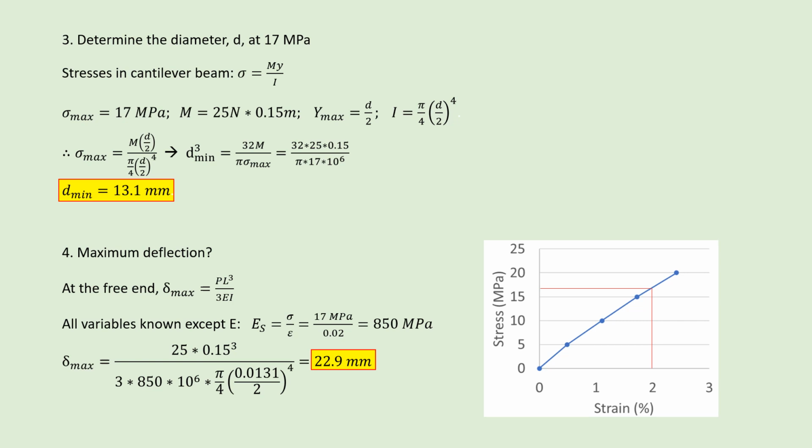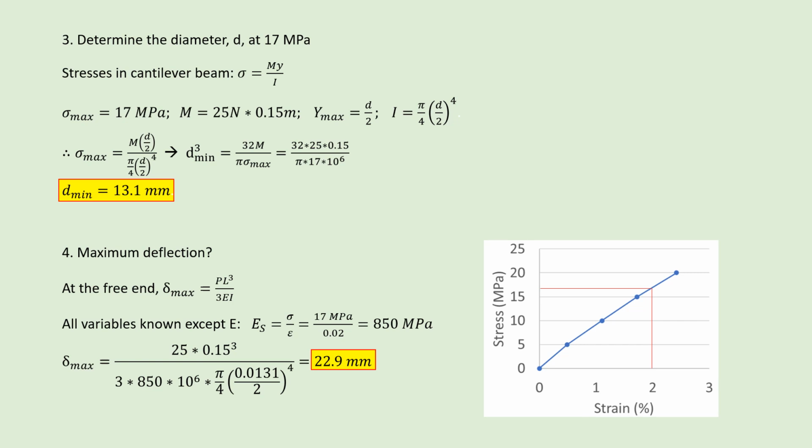We know that the moment is 25 newtons, or the load being applied, times the length of the beam, which is 0.15 meters. We know that the maximum stresses occur the furthest away from the neutral axis that you can get. And so this y max value is d divided by 2, or the diameter divided by 2. And finally, we know that the second moment area is defined by this quantity in the third line on the right. If we put those all together, what we find out is that the minimum diameter that the rod must be is 13.1 millimeters.